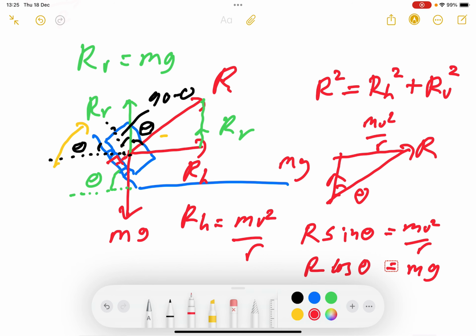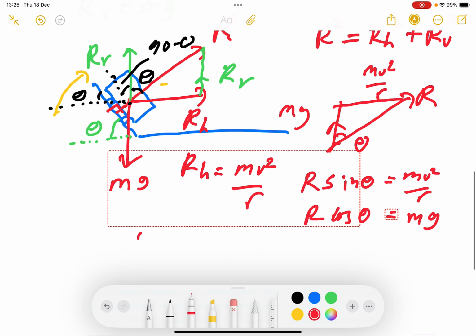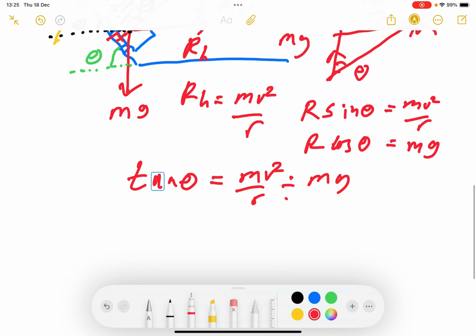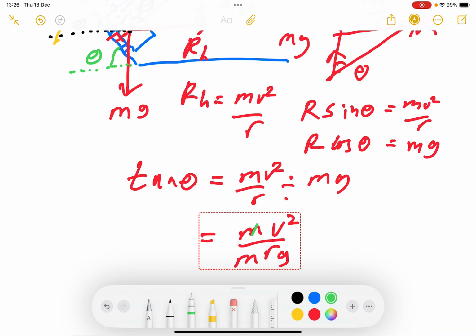Or you can say tan theta is opposite, mv squared over r, divided by the adjacent, which is mg. So that gives us mv squared over mrg. And obviously the m's cancel and we get tan theta is v squared over rg.